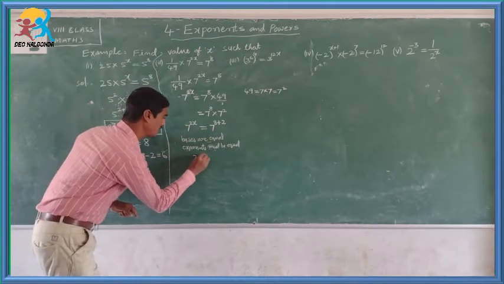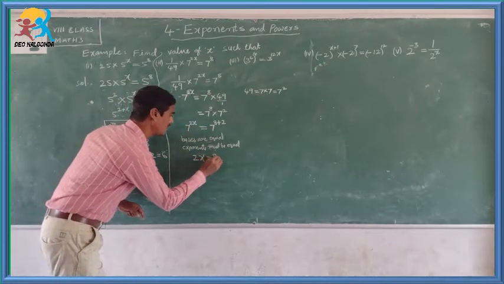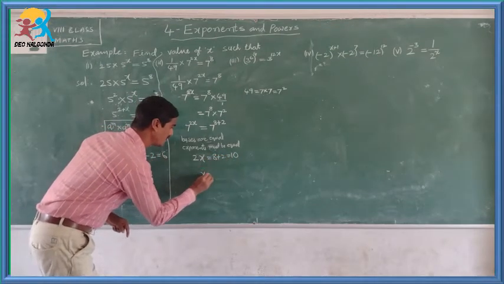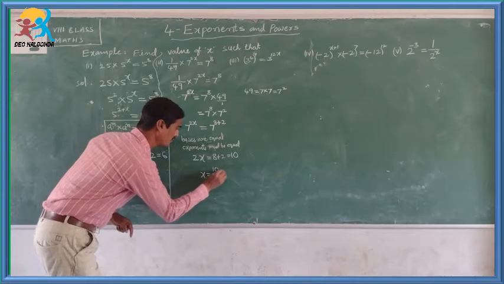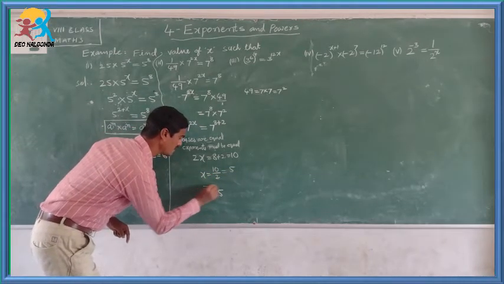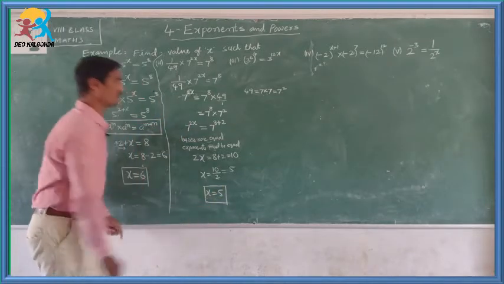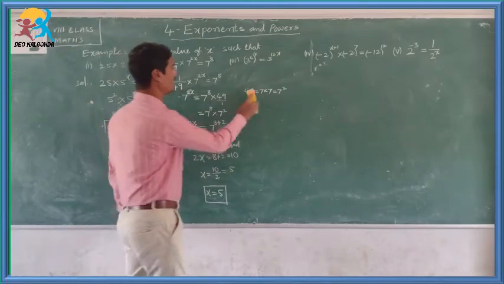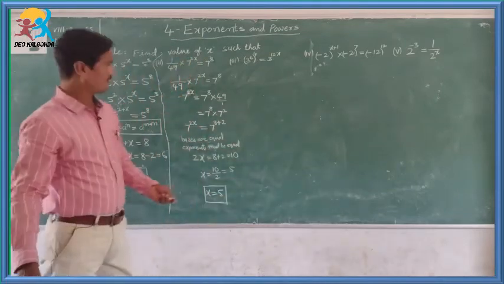So 2x equal to 8 plus 2 equal to 10. So x equal to 10 by 2 equal to 5. This is the solution of the second problem. Very easy, no? Now take another problem.